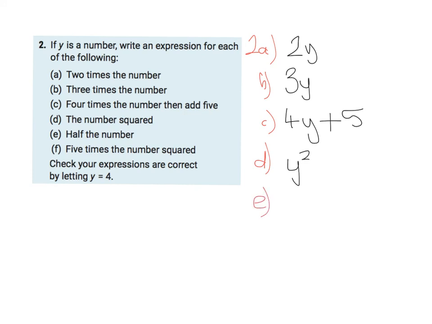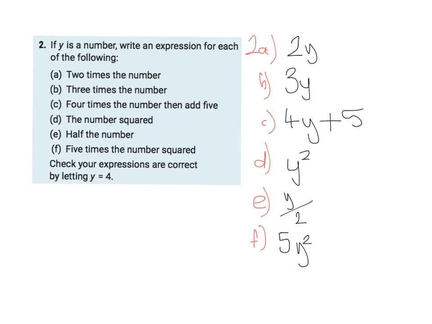Half the number. So that's the number divided by 2, which is half of it. And 5 times the number squared. And that's how we write those expressions.